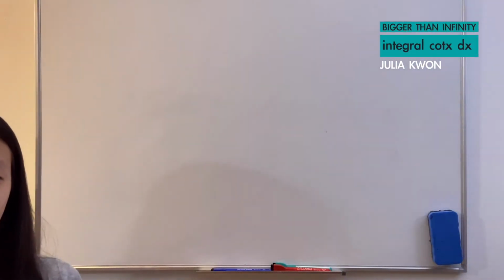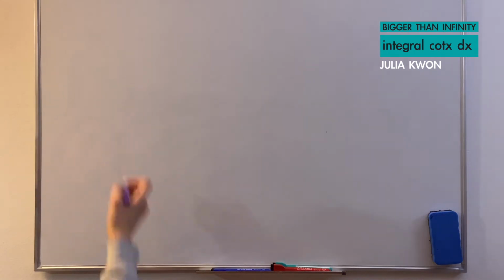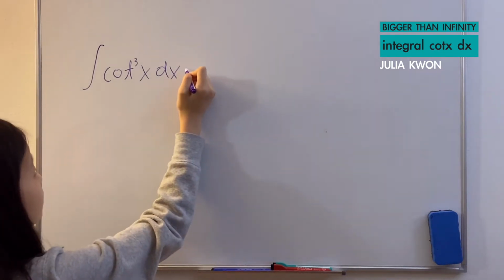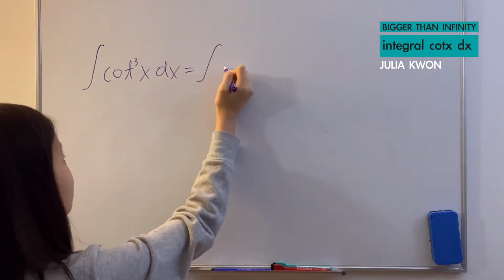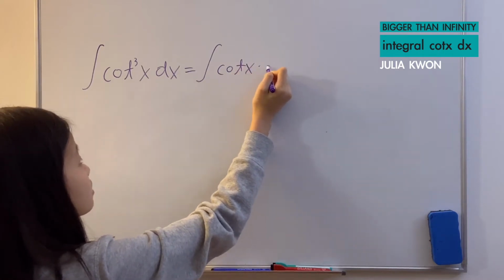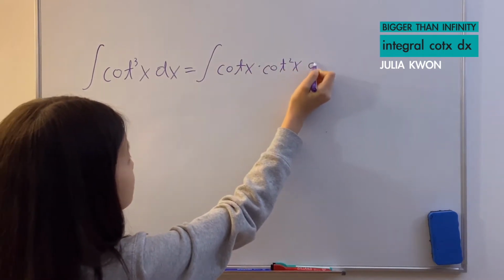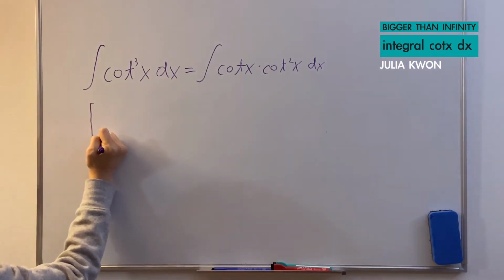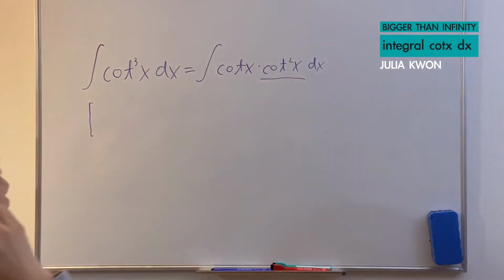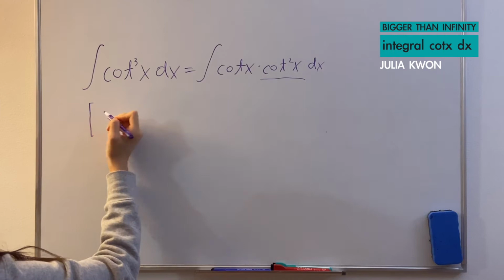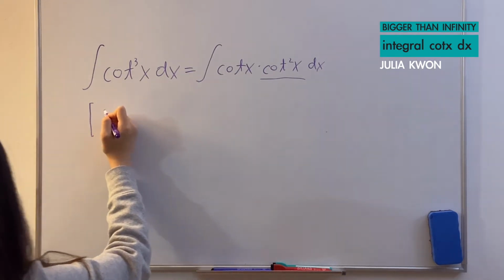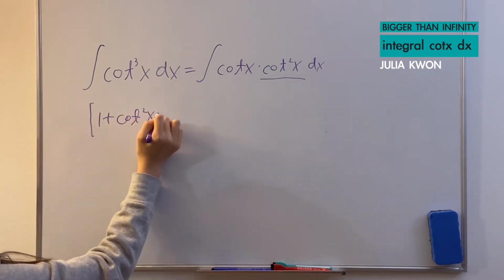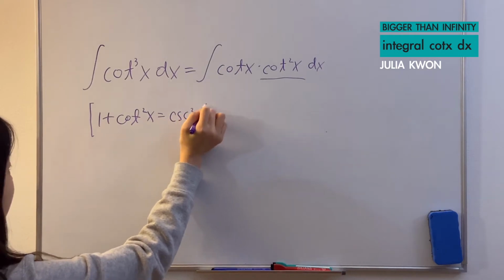Now I'm going to be taking the integral of cotangent cubed x. We're going to separate the cotangent cube so that we would have the integral of cotangent x times cotangent squared x dx. Using the Pythagorean identities, 1 plus cotangent squared x is equal to cosecant squared x.